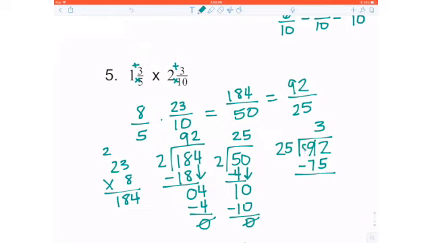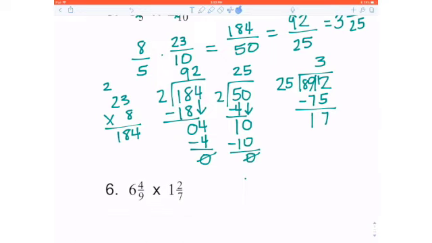Here we have to borrow because that 5 is way too big. 12 minus 5 is 7. 8 minus 7 is 1. So this is 3. We remember the remainder in the numerator. 17 over 25. Okay? Awesome.